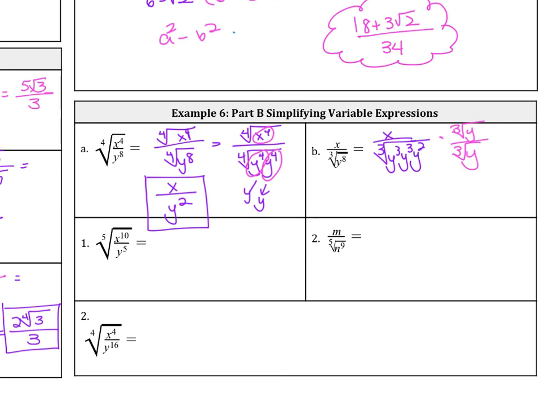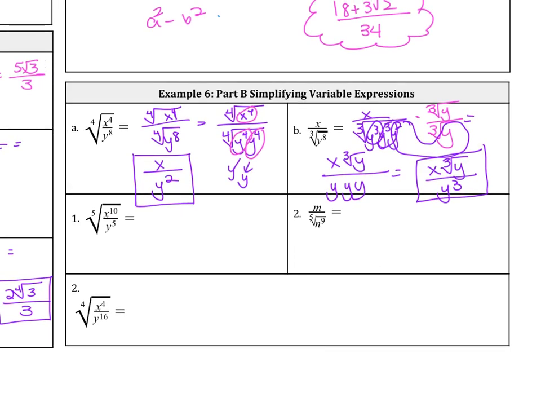So we multiply one more of them. So now this becomes x cube root of y, we just multiplied across. And then we're going to have 1, 2, and 3 y's here. So 3 y's come out. So our final answer is x cube root of y over y to the third power.